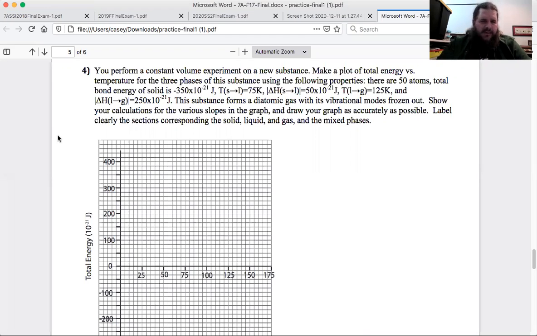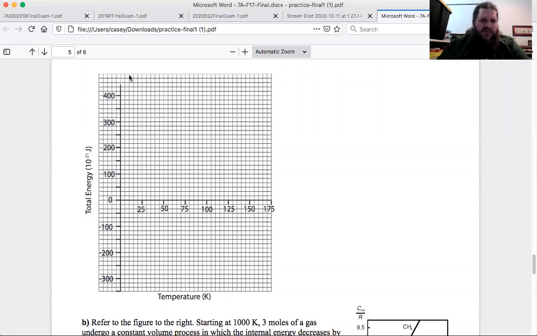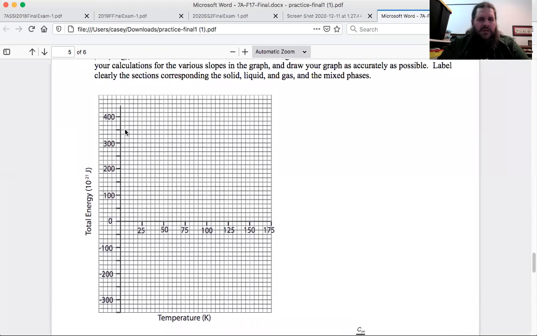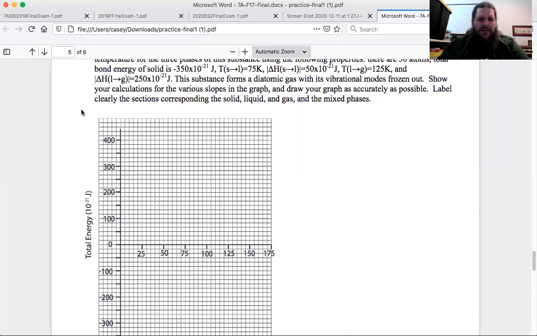Well, it looks like we're talking about a graph of temperature versus energy, right? So if we want to make that graph, any line on that is going to have a slope. If we just have some line on this graph, what would the slope of that line be?